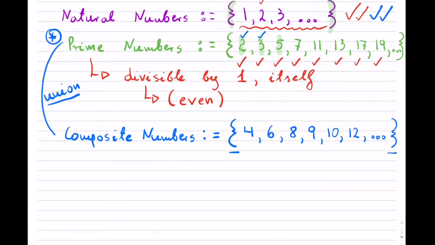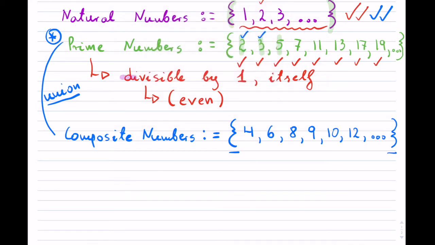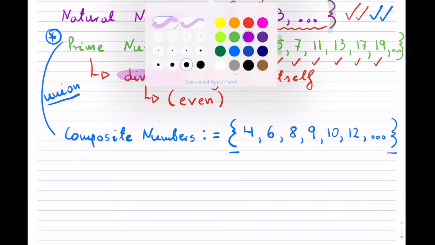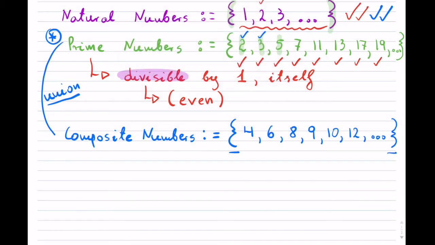Now, I mentioned this term here, which is divisible. So it's a nice term to take a look at, divisibility, that is. So let's see what this divisibility is all about.